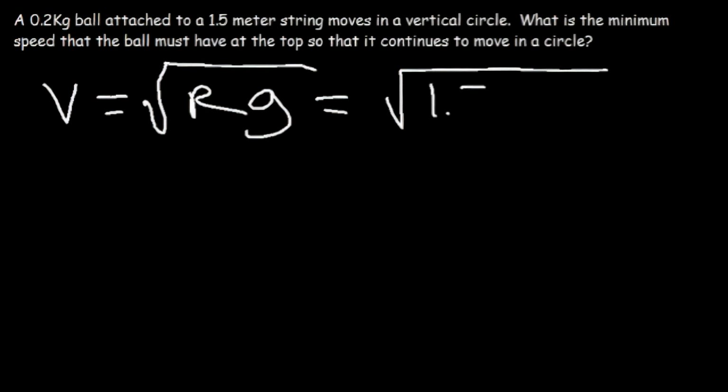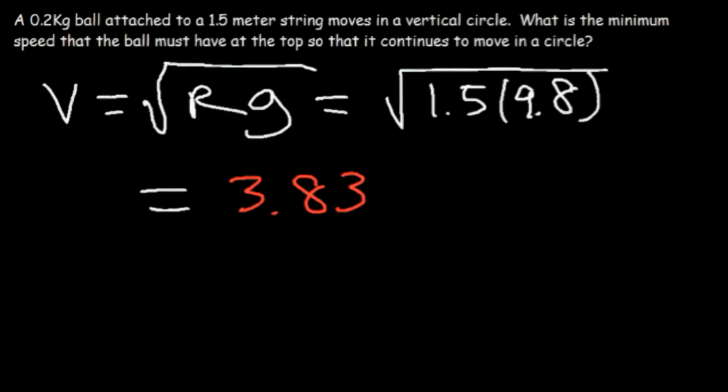So it's the square root of 1.5 times 9.8. And the answer is 3.83 meters per second.